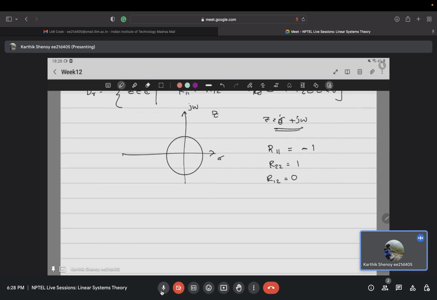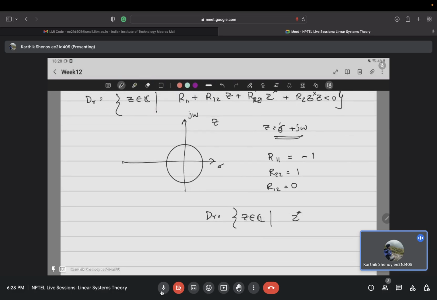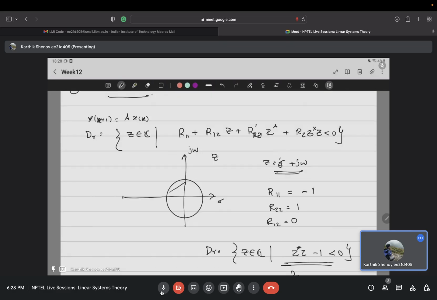So, what will that be? D_R equals the set of all z in the complex plane such that z star times z minus 1 is less than 0, correct. So, this is the same as magnitude of z less than 1, which is a circle.